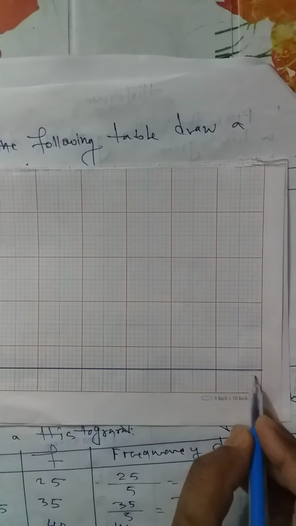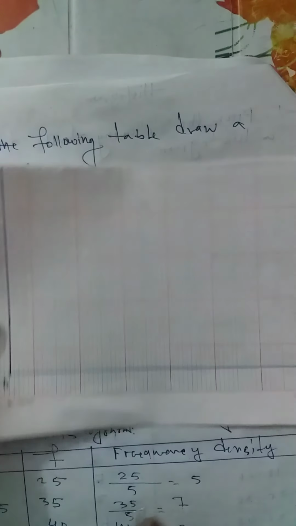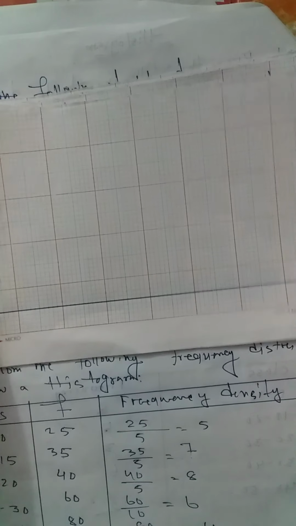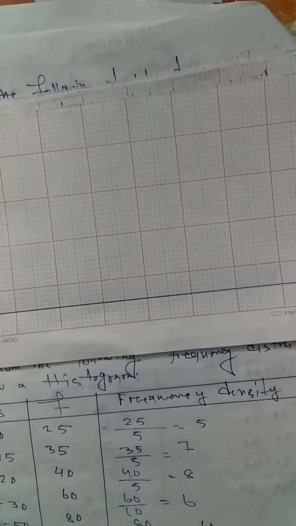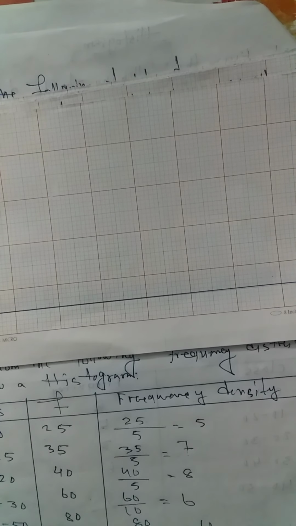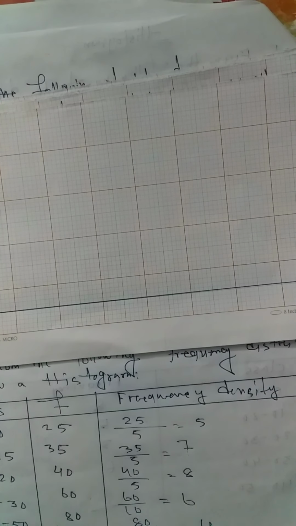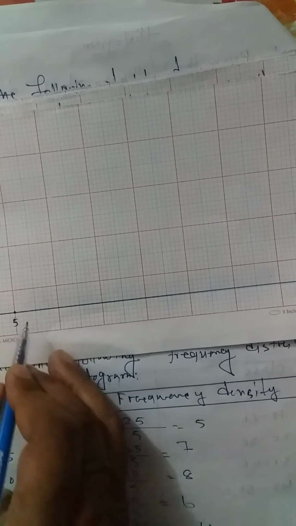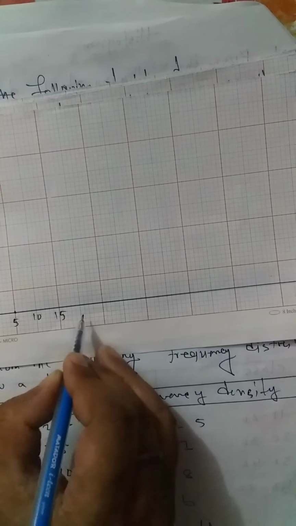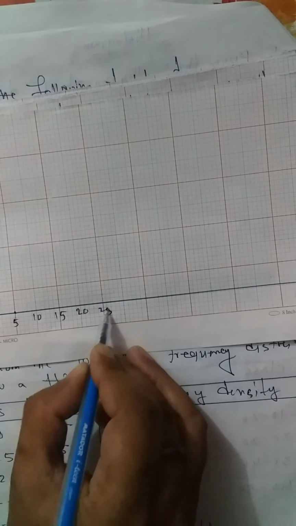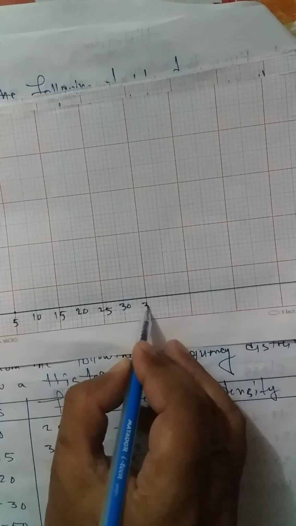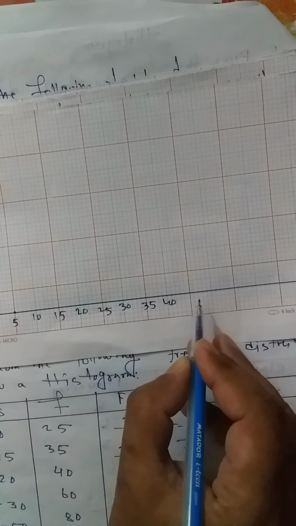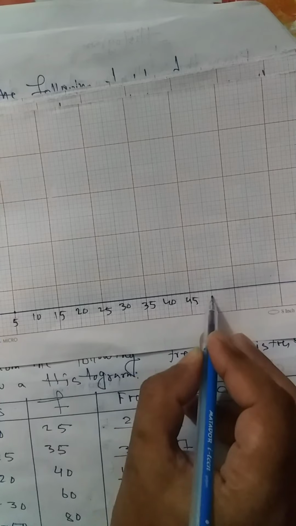On the OX axis, or horizontal axis, and the vertical axis, indicate the class lower limits: 5, 10, 15, 20, 25, 30, 35, 40, 45 and 50.